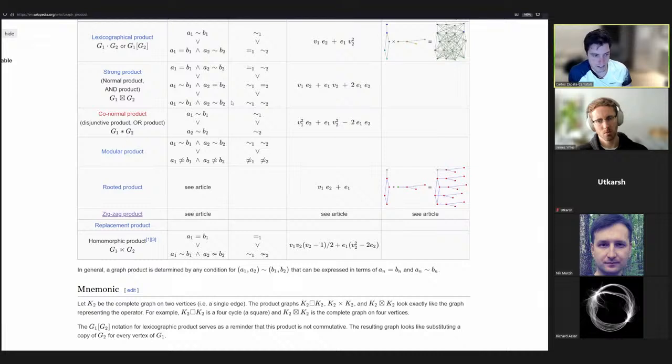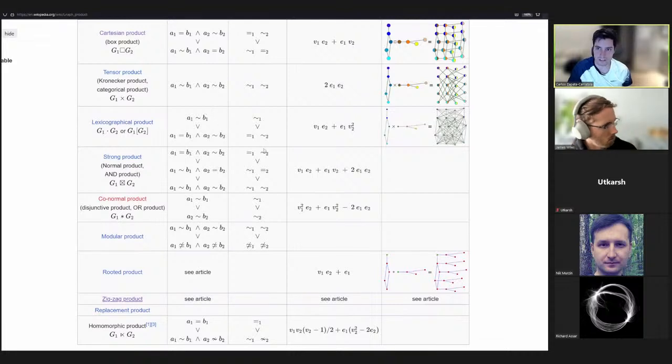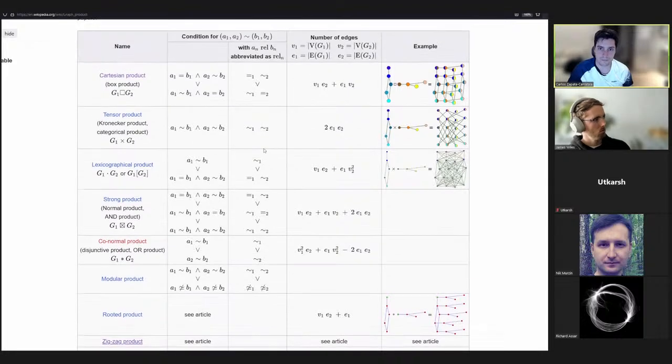But is there a natural hypergraph construction that is multiplicative in this exact sense, that is, multiplicative with respect to edge counts? Obviously the Cartesian product is multiplicative with respect to edge counts. Well, no, sorry, the tensor product is.